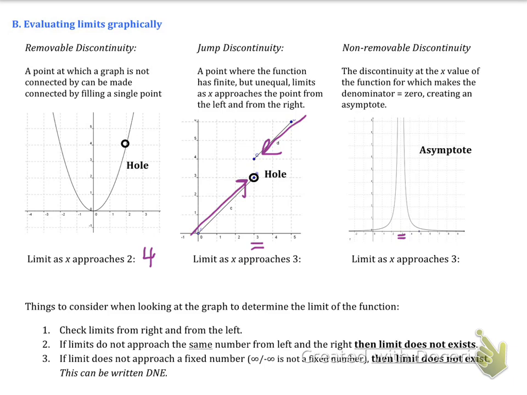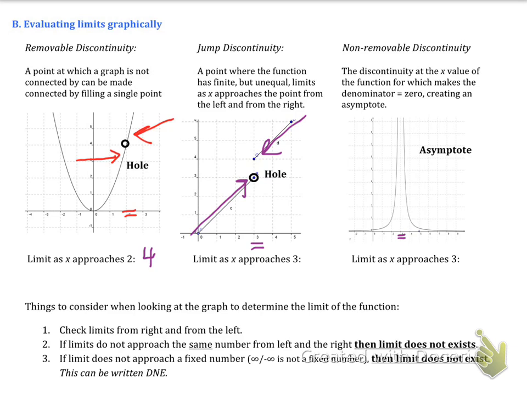So at the bottom, we just summarize that. So things to consider when looking at a graph to determine the limit of the function. Check limits from the right and from the left. We did that just a second ago, and we can do that on the one that has a hole above. So if we went from the left, at 2, our line is approaching 4, and it is from the right side as well.